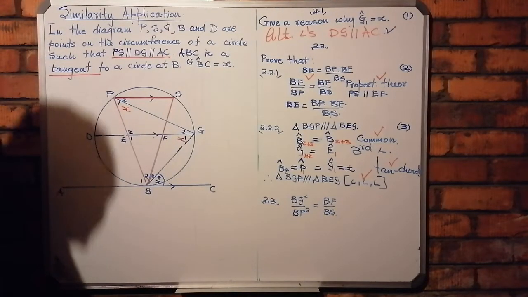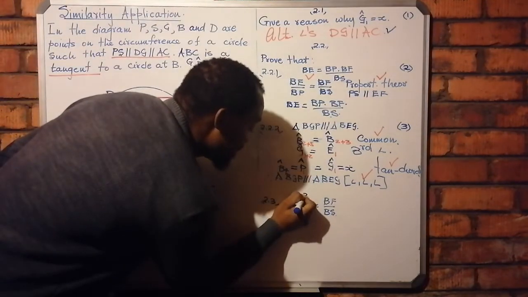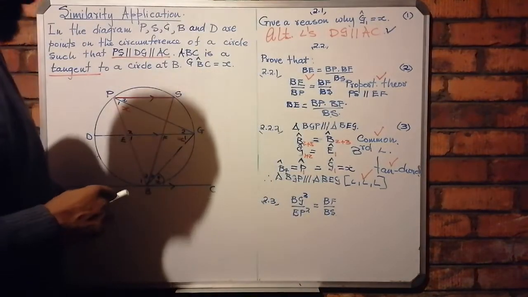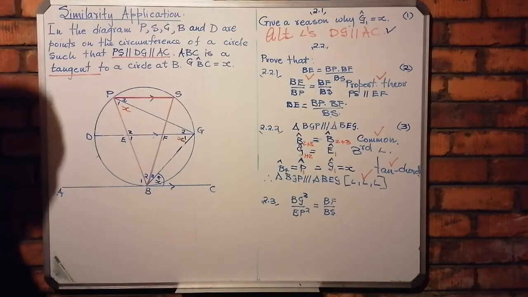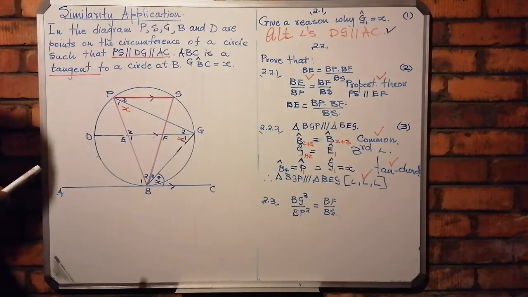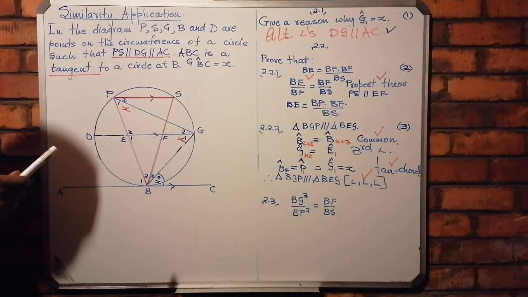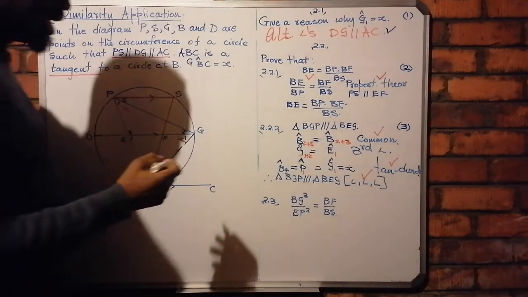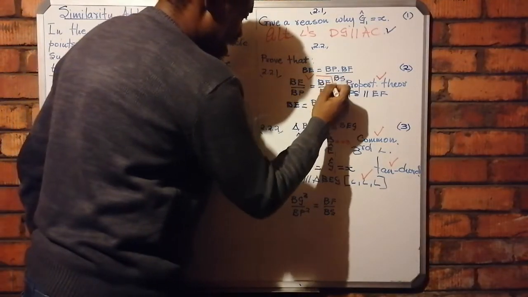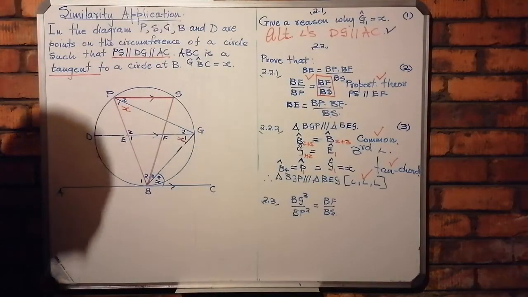Alright, next question. Prove that BG squared divided by BP squared is equals to BF divided by BS. I've heard that somewhere. BF and BS, yes, right there. You see?